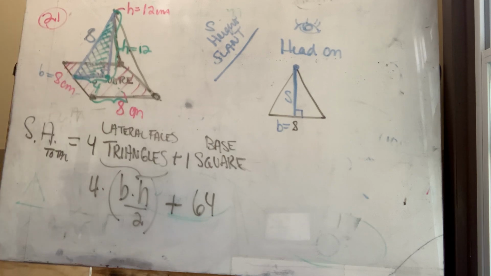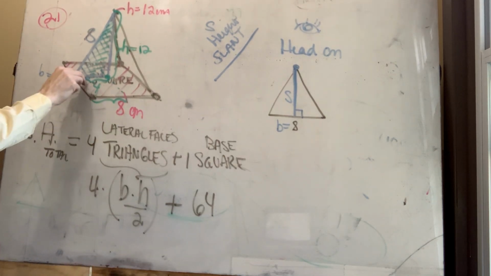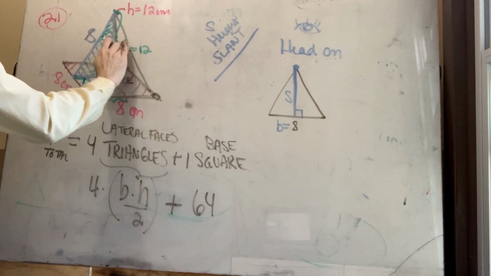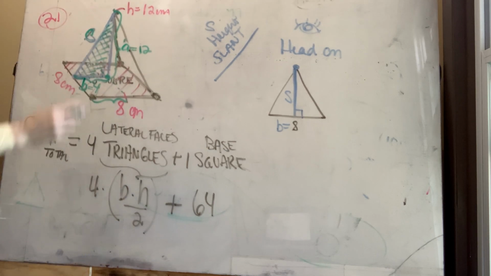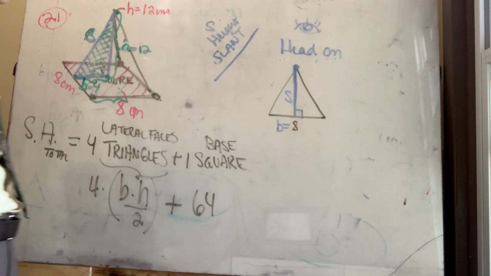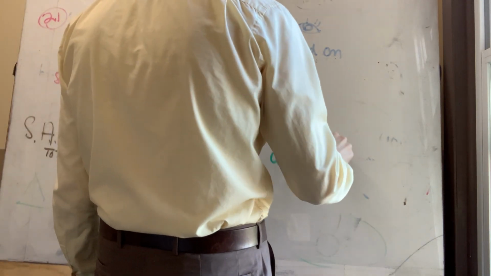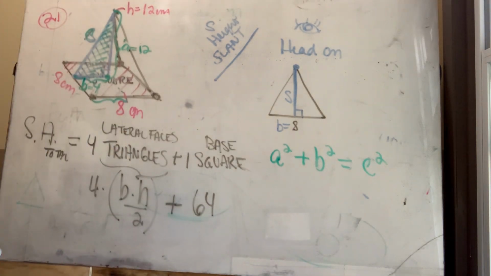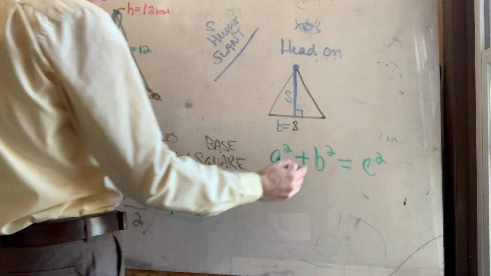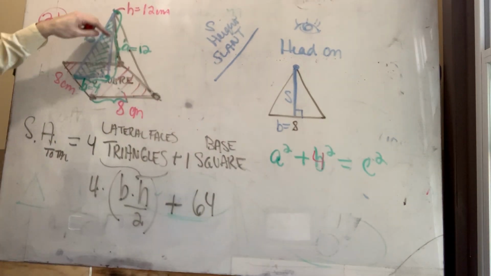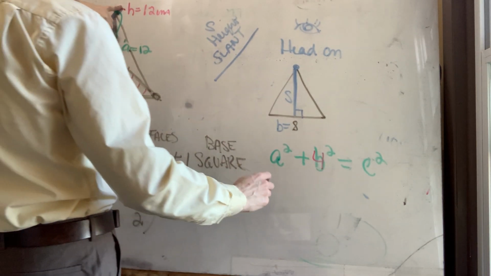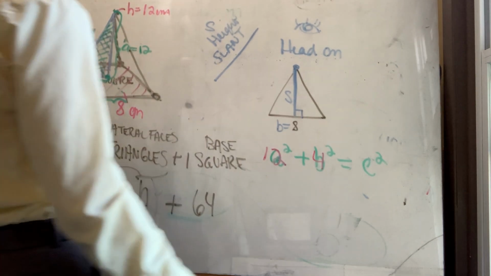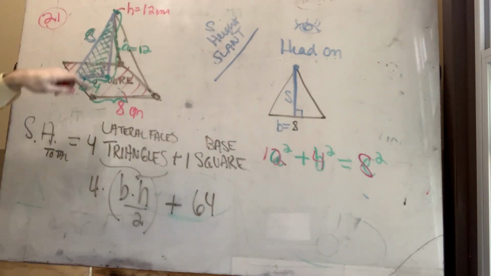If we call this B for base in this respect here, and this A, then this S is also C. So if the Pythagorean Theorem formula is A squared plus B squared equals C squared, the B here that I'm using is 4. The A here is the H value, which is 12. And the C value is the S value, which is what we're actually looking for.